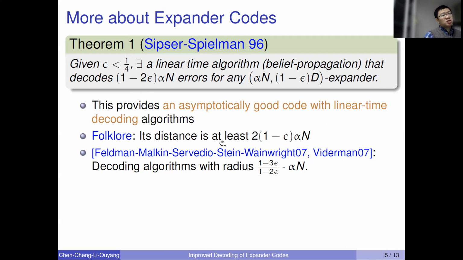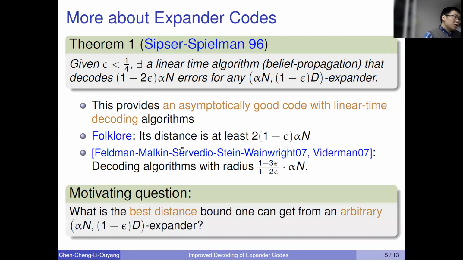However, you can see a gap between this new radius and half of the folklore distance. Okay. So while we are interested in improving the decoding radius, the first motivating question that we want to figure out in this work is: what is the best distance bound we can get from an arbitrary expander?